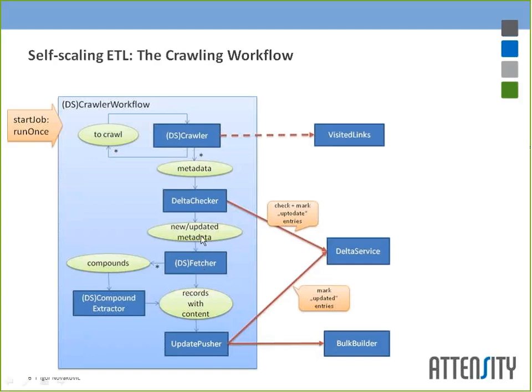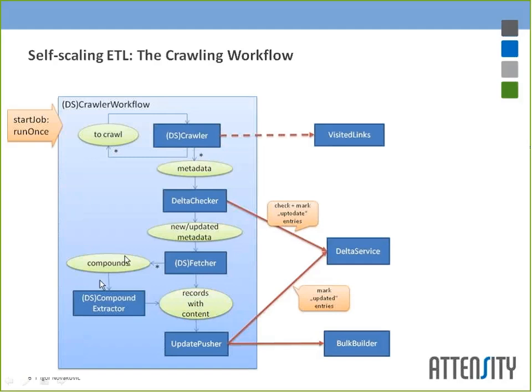This component either fetches the content of the record if the crawler hasn't done this already, or it fills a new bucket, which we call compounds, and creates a task for a data source compound extractor, which then downloads this compound, extracts it, and creates new records, which are then persisted in the records with content bucket.